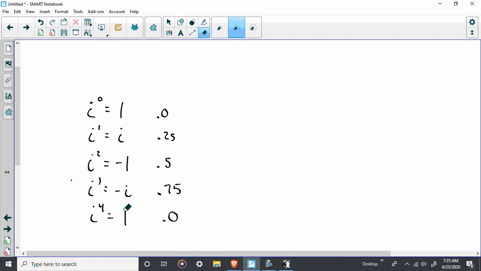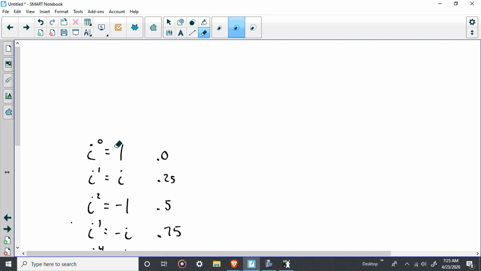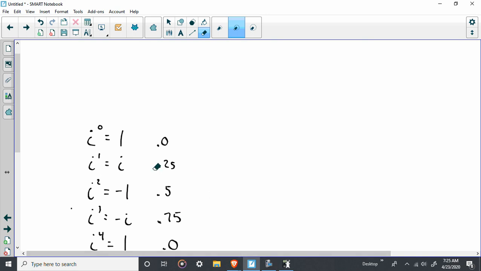This pattern will continue: 1, negative i, negative 1, i, 1, and then back, negative i, negative 1. The problem is your divisibility rules are not going to continue the same pattern. They're going to essentially have some symmetry about 0.